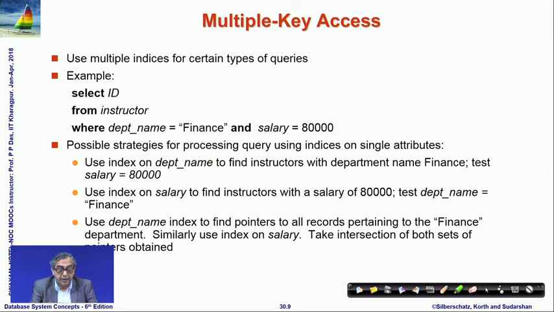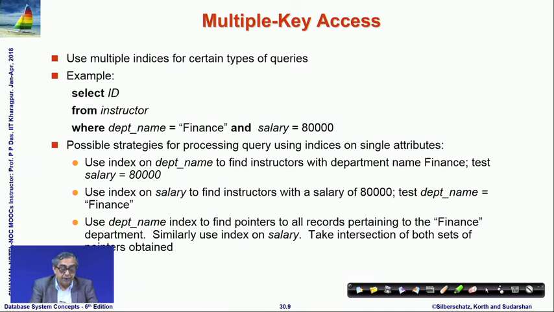For example, if you have a single index on single attributes, you can use the index on department name to find instructors who have department name finance, and then test if the salary is 80,000. Or you can use the index on salary to find instructors with salary 80,000 and then test if department name is finance.